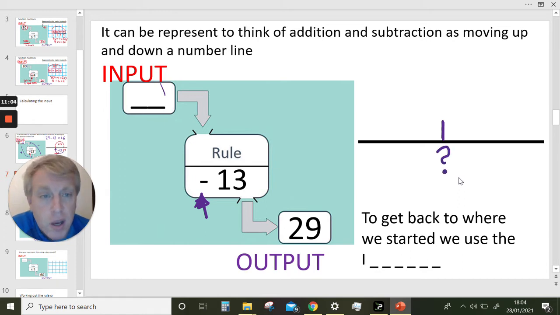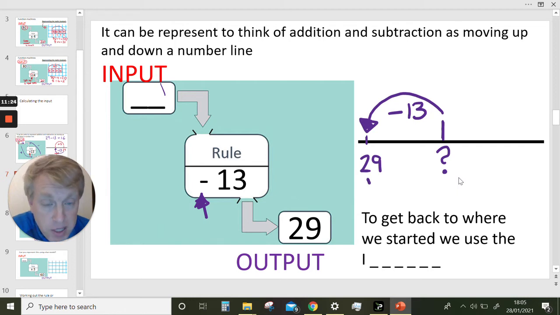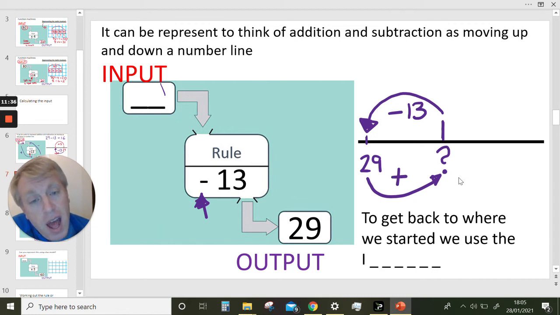I'm going to show take away, and take away means go backwards on the number line, go down 13. The number, take away 13, gives us the output 29. And we now need to think about going back to where we started. Do you remember? We're going to do the opposite. We started on a number, went down 13. To get back where we started, we've got to add 13.